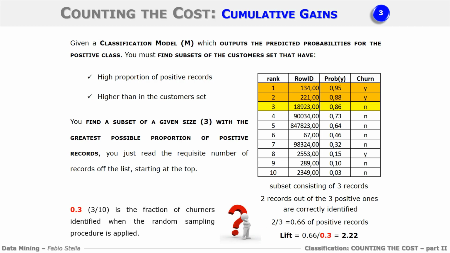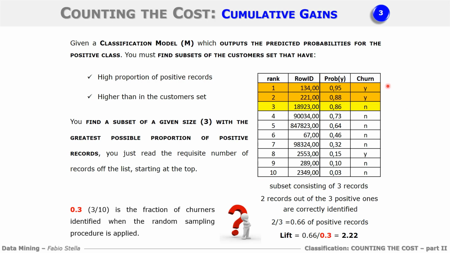The meaning of 0.3 is readily explained. Indeed, it is simply the expected fraction of churners which are correctly identified if we select a random sample consisting of 3 customers from the set of the 10 customers using the random sampling procedure.